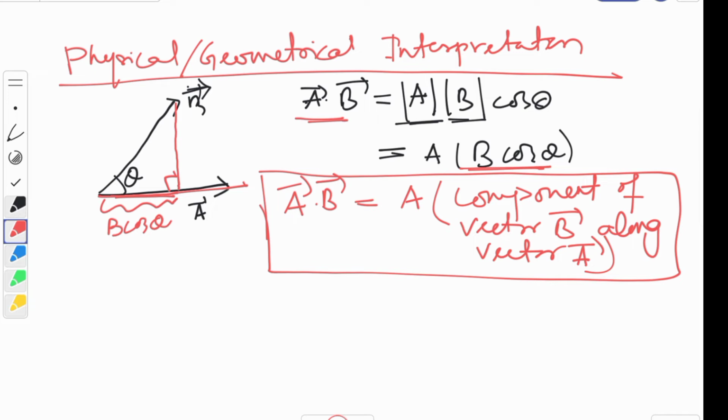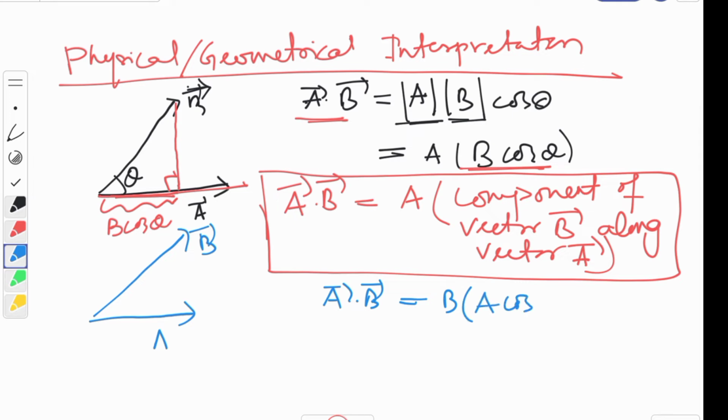Or otherwise, suppose this is your vector A and this is your vector B. Now I'll write the dot product A dot B. I can write it like this also, because this is scalar, so I can exchange the order. Now this is your theta.